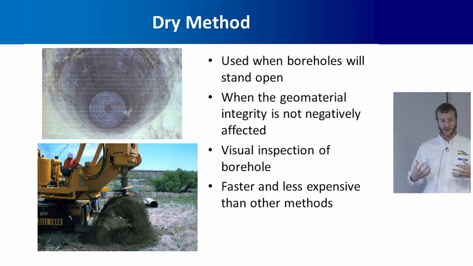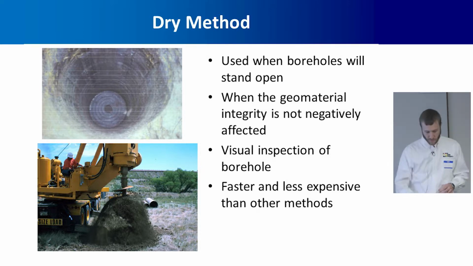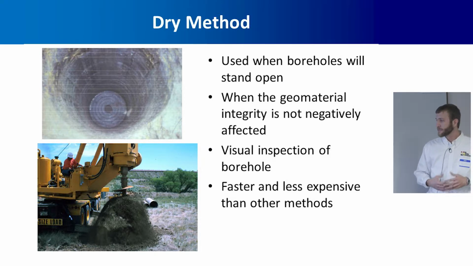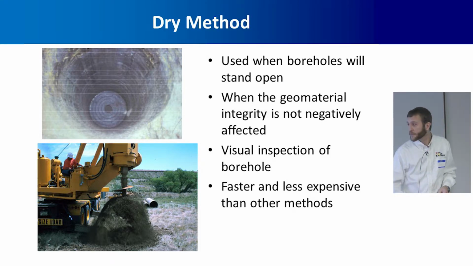One of the main advantages of the dry method is that you can visually see what's going on. So that obviously makes things a lot more simple. It's fast and inexpensive, but it's not really our choice as to whether the conditions allow it. I mean, you can't really drill a dry hole out at Red Wing. It would be difficult.